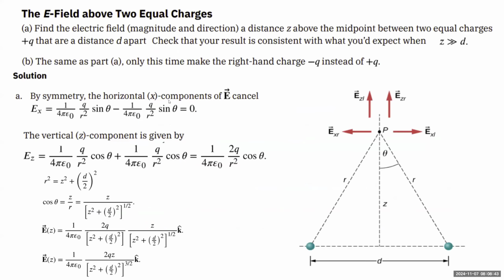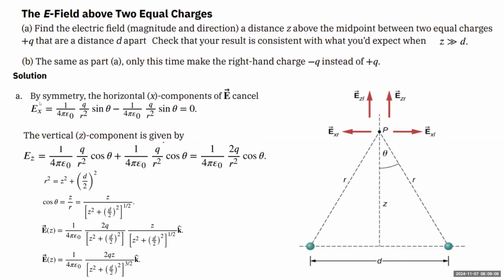But the next question we had was a little harder, and I remember it was pretty difficult when we were going over it in class. It was when we had two charges here, and we had to find the electric field at a distance above the midpoint between the two charges.